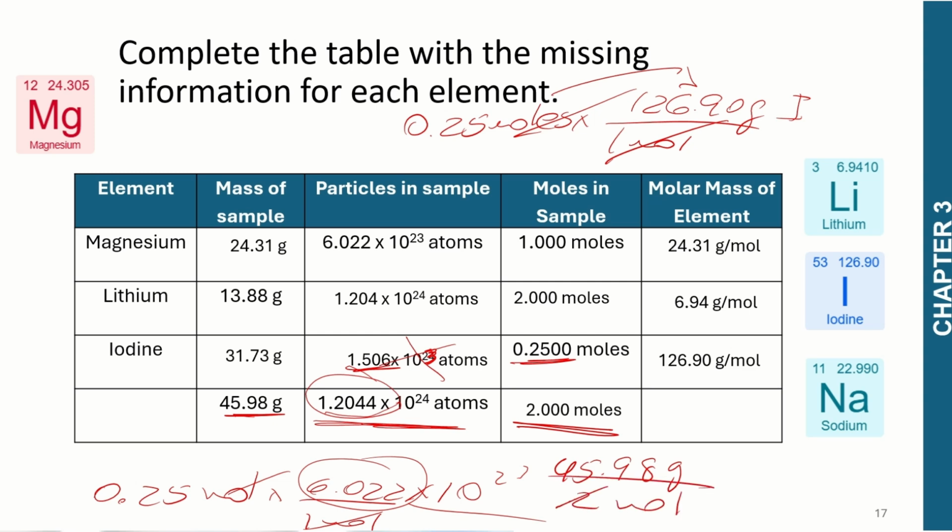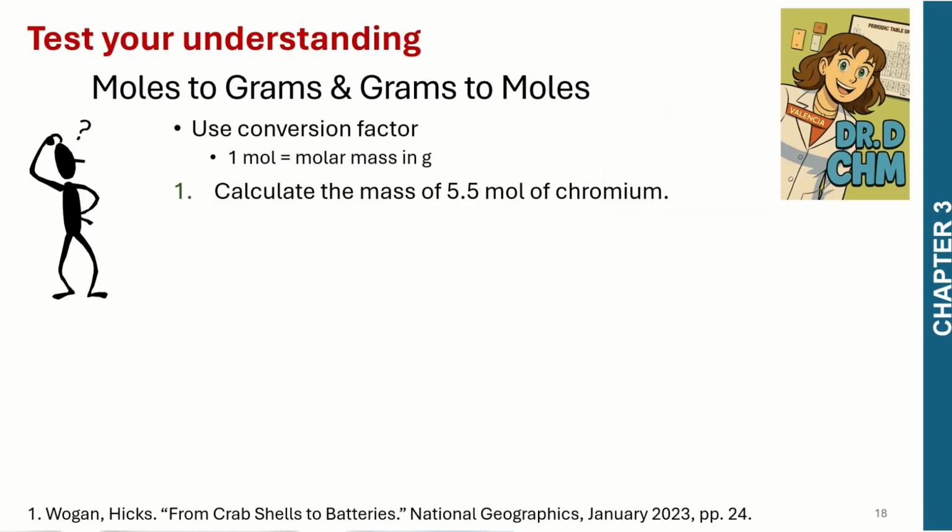We divide this and I will have 22.99 grams per mole. This is how I found out that it was sodium. I went to the table and looked for 22.99. Okay? So let's test your understanding here.